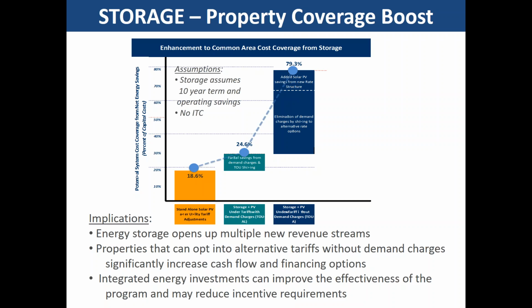And here we modeled the additional savings that might be realized if monthly peak loads are reduced below thresholds that are set by the utility. The middle bar, the light greenish bar, shows a scenario where monthly peak loads are reduced, but where the property cannot opt into an alternative utility rate schedule.